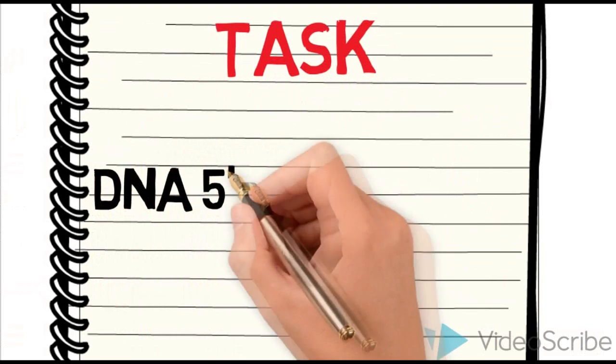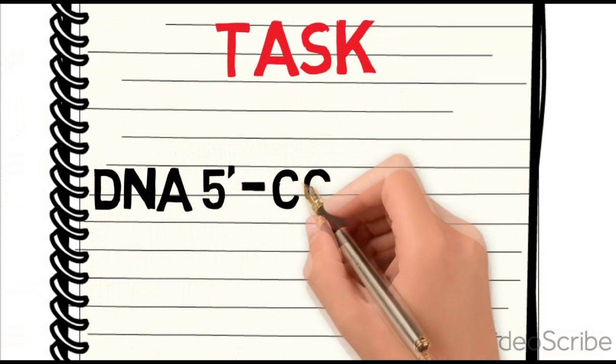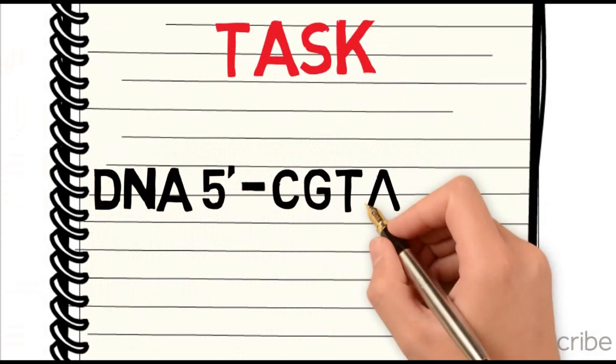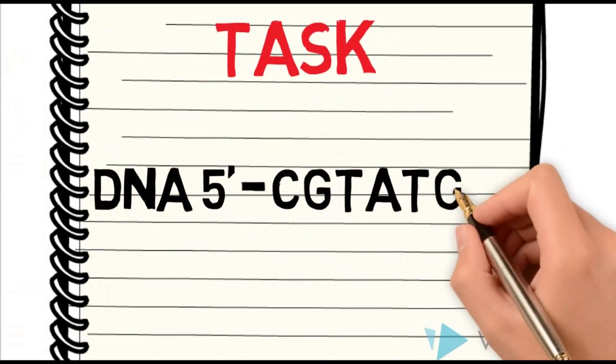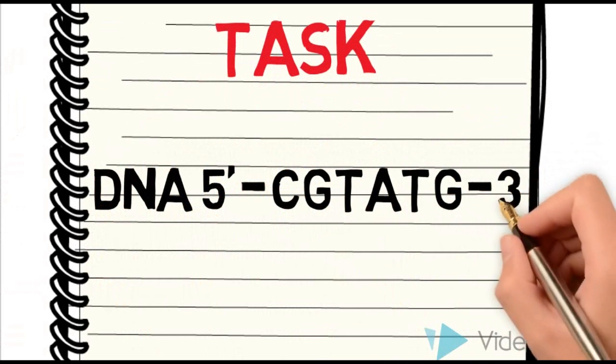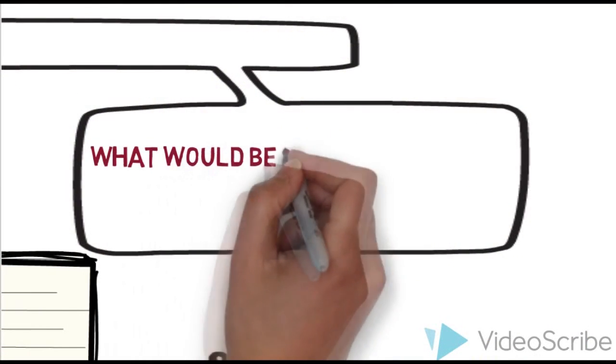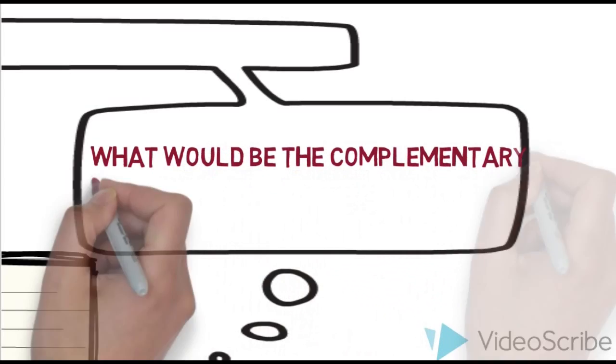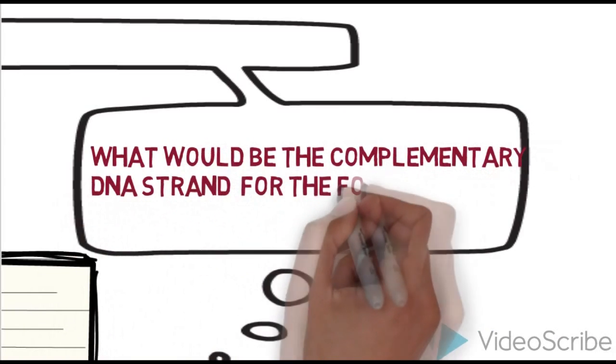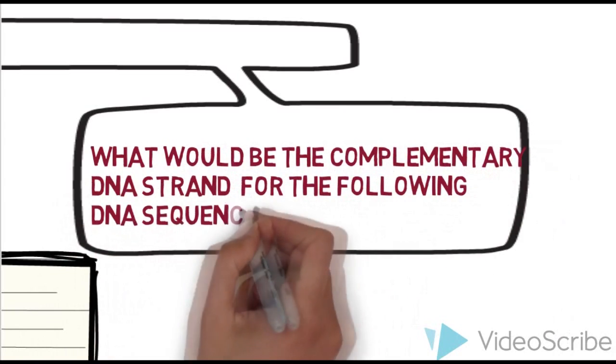It goes from the 5' direction to the 3', and it has nucleotides cytosine, guanine, thymine, adenine, thymine, and guanine. The question is: what would be the complementary DNA strand for the following DNA sequence?